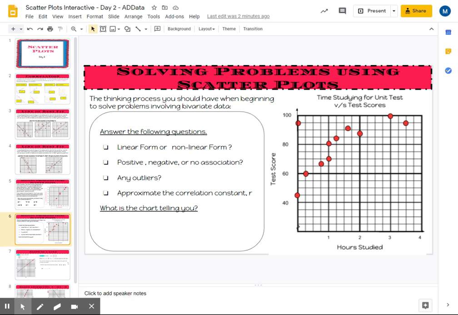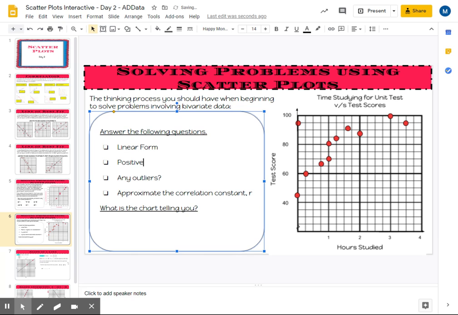First thing we look for is, is it a linear form or nonlinear form? It looks like we could draw a pretty good straight line through that data, so it's linear. I'm just going to go ahead and delete out nonlinear. Okay, does it have a positive, negative, or no association? It's positive. So let's delete out everything except positive. Positive association.